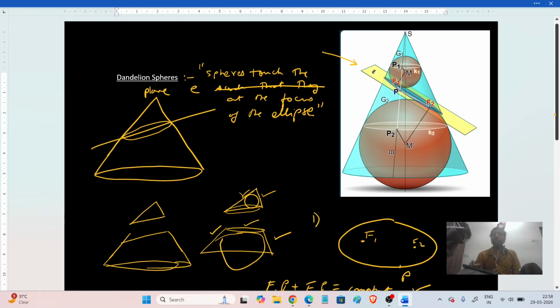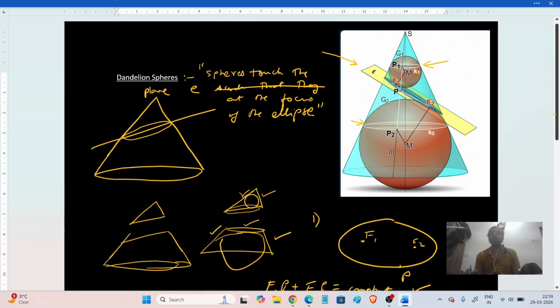First of all, we can consider a circle where the sphere touches the sides of the cone. The locus of all the points where the sphere touches the sides of the cone is a circle. So here you see two circles because there are two spheres.